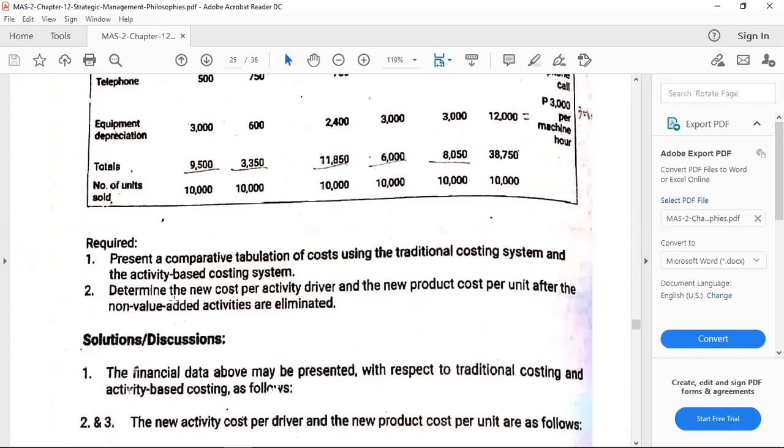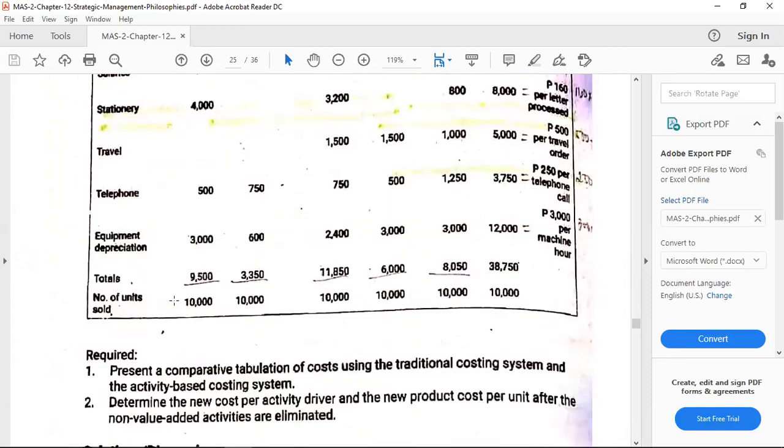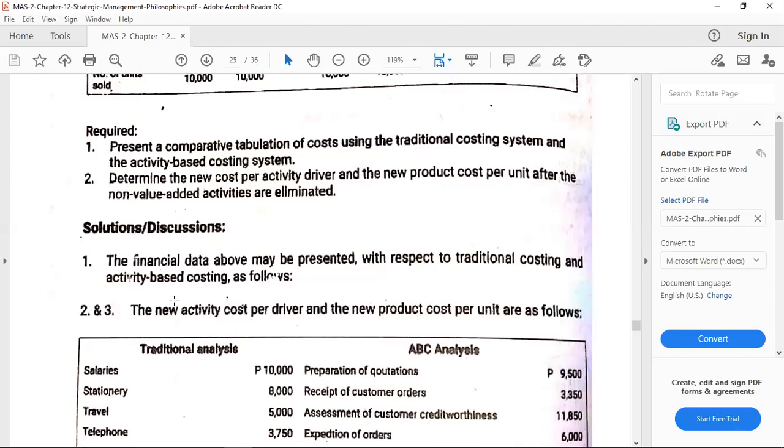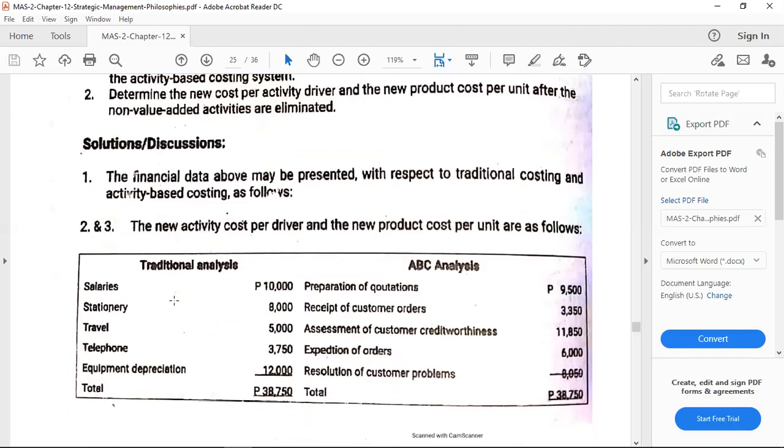Then required is a comparative tabulation of costs using traditional and activity-based costing. Then the new cost per activity driver and the new product cost per unit after the non-value added activities are eliminated. So we have here traditional versus ABC.